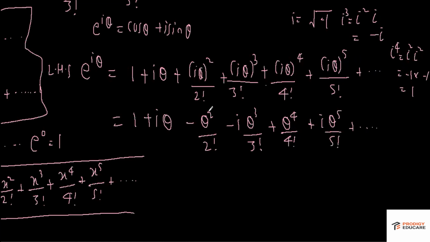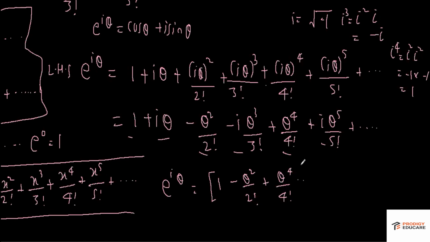Now what I'll do is separate the real part and the imaginary part. Real parts are those terms in which there is no i, like this term and this term. And imaginary parts are those terms in which we have a factor of i. So e raised to i theta can be written as, first of all, 1, then minus theta squared by 2 factorial, then plus theta raised to 4 by 4 factorial, and so on.